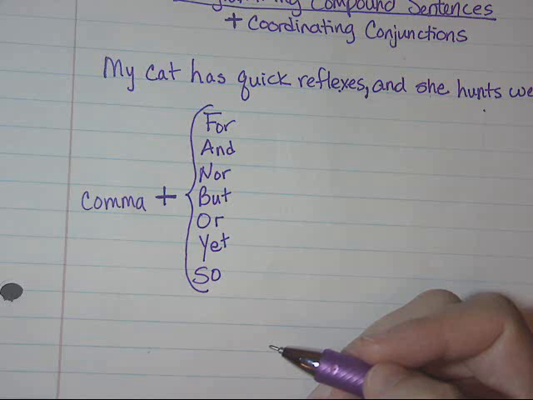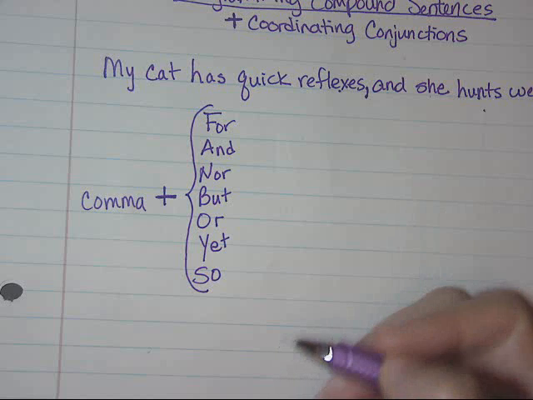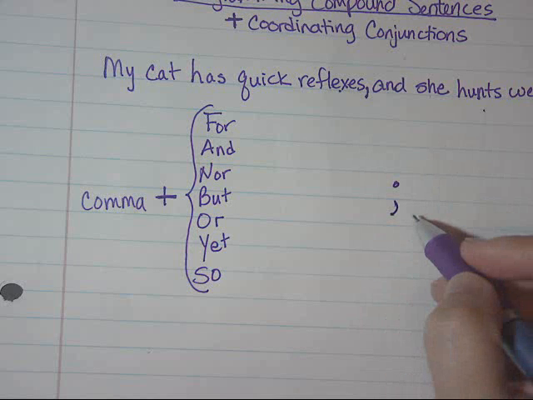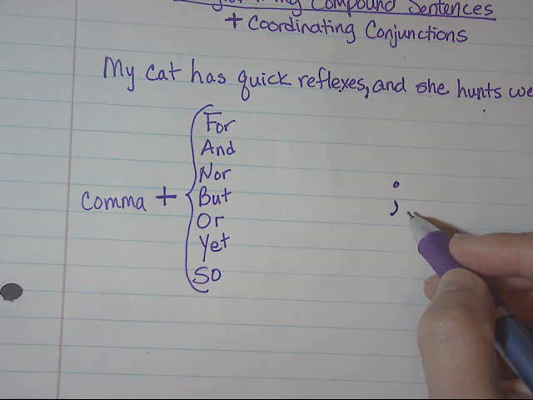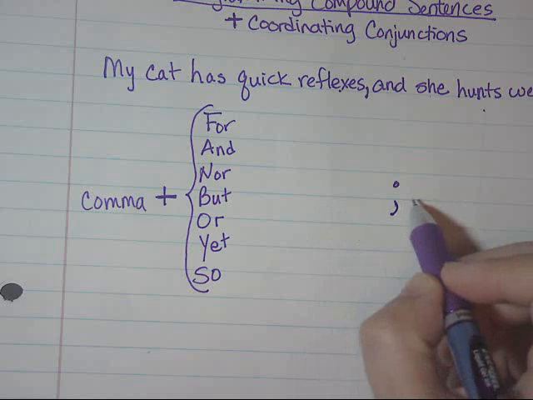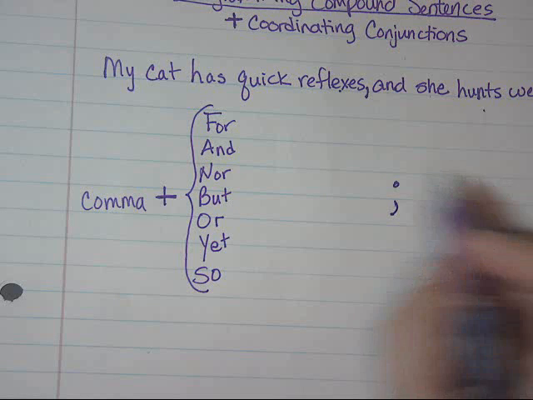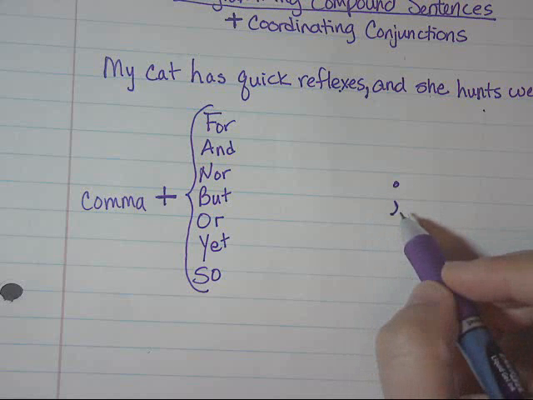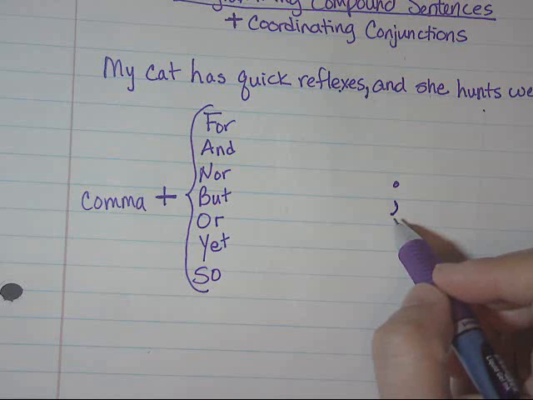You also have an alternative way of joining them, which is with a semicolon. Now, a semicolon automatically indicates that there is a causal relationship between the first sentence and the second sentence. So this is more specialized use, although your high school and college teachers will be quite impressed if you know how to use one correctly.